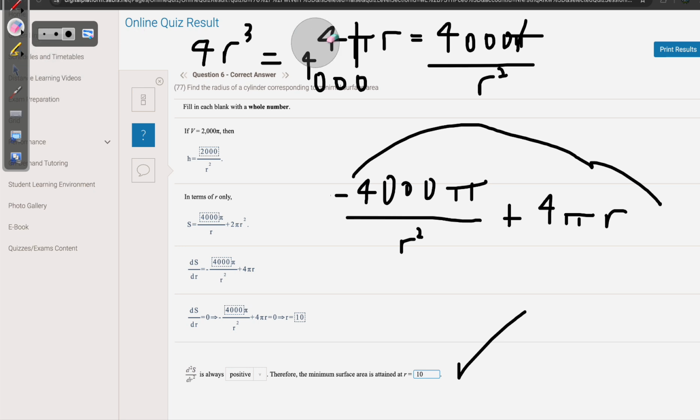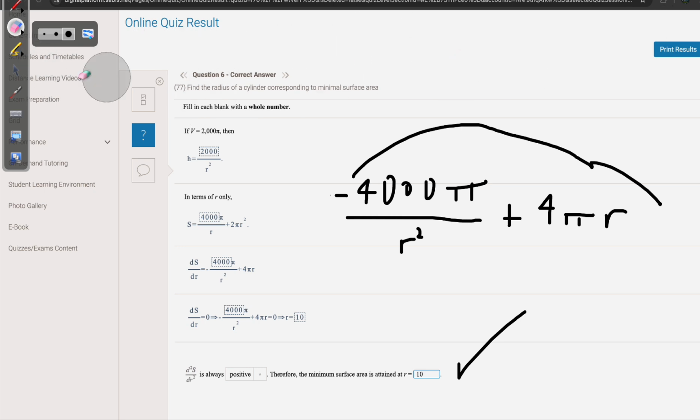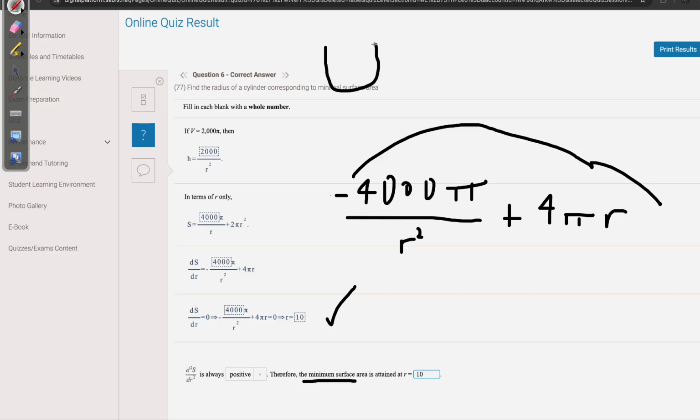Now let's move to part E. Okay, wait, I solved this part. Look, there is a simple way to solve this. They said minimum. A minimum in the table of variation looks like this, right?